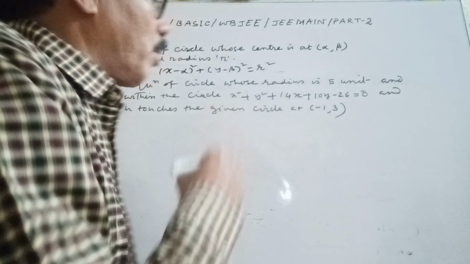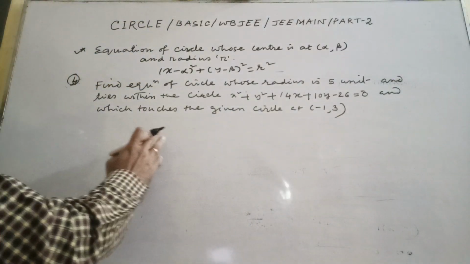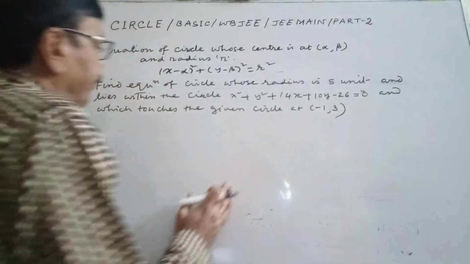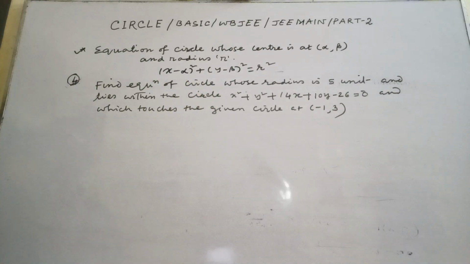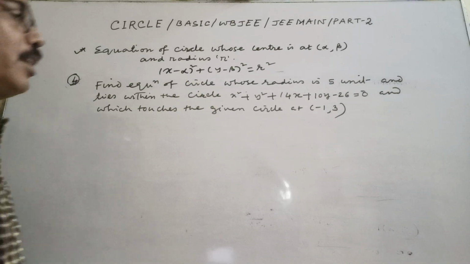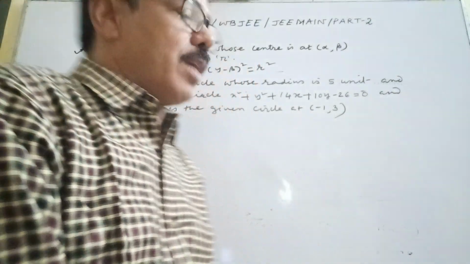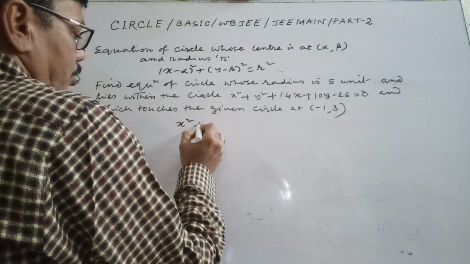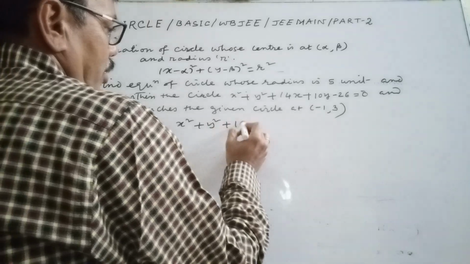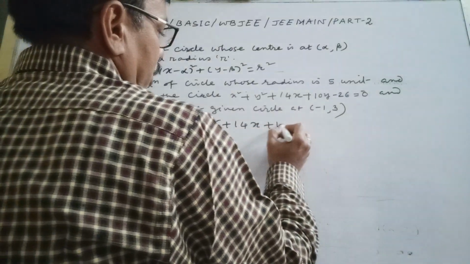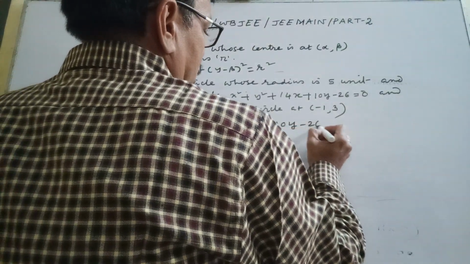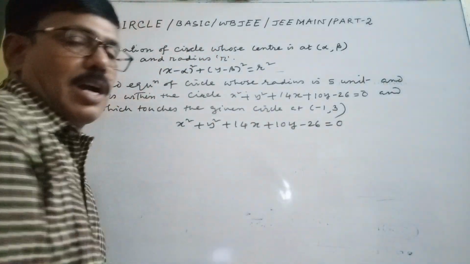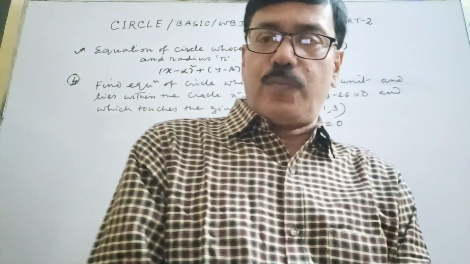Same type of problem. Here, the second circle touches internally. So, you have to find center and radius. There is also another method of finding center and radius. I will discuss it in the next class.